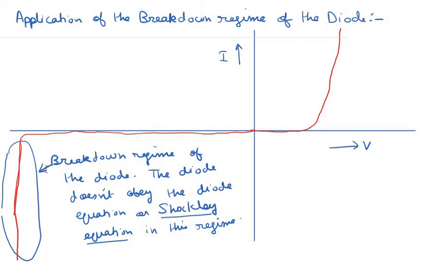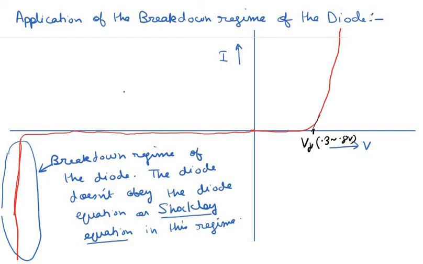As I mentioned earlier, one of the differences between the forward bias regime, which is this regime in the first quadrant, and the reverse bias regime, which is this regime in the third quadrant, is that here the voltage after which the diode current increases sharply with the bias voltage is known as the cut-in voltage or V gamma. This voltage lies in the range of 0.3 to 0.8 volts.